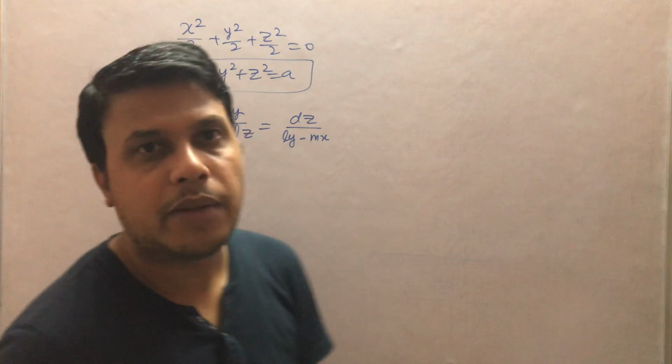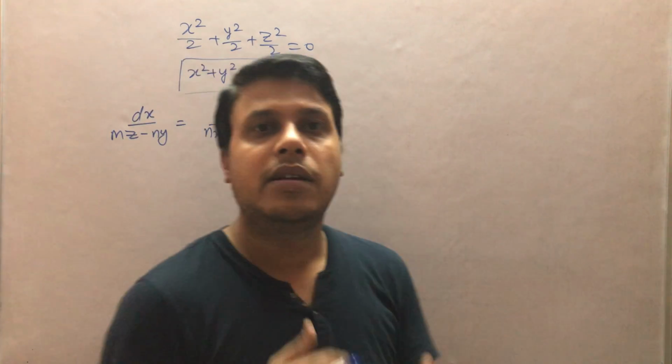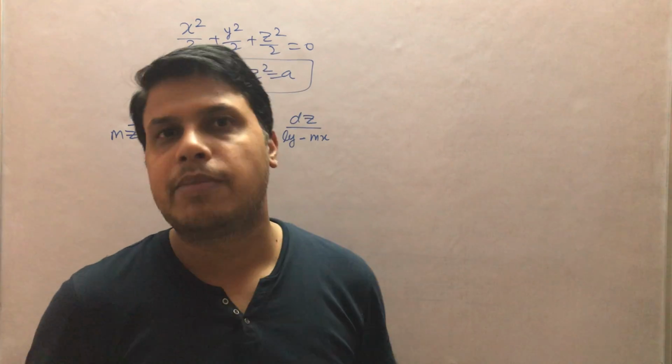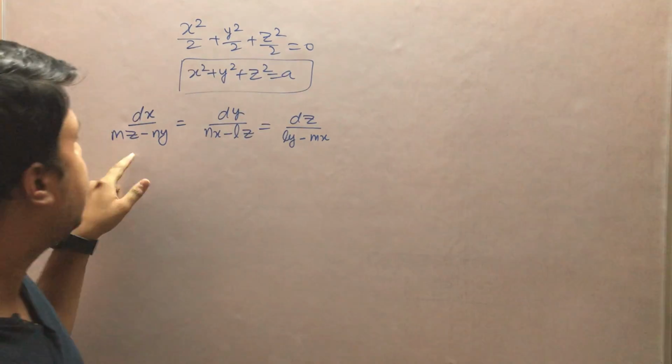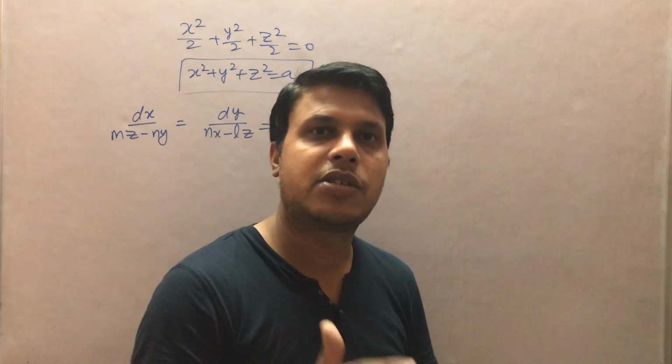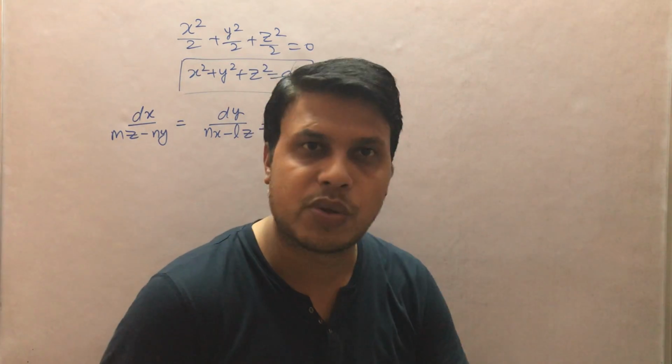Okay, so I think this is clear, because L, M, and N are constants, not actually variables. So that's why we are free to multiply the three terms by constants. But if I ask you to multiply this first term by y, then you must stop, because you are not allowed to do so.